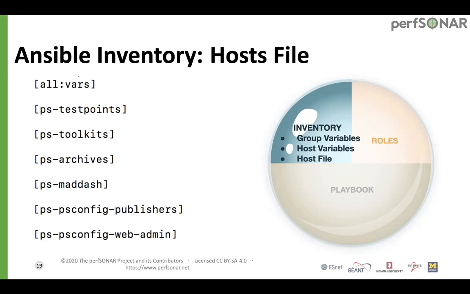So it's better to break it up where your archive is on one, MadDash is on another, and your publisher is on yet another one. By doing so, you have better control over your resources. And if one of them needs more horsepower, you can just focus on that one. And you don't have to install the central management bundle like you do with the bundle install.